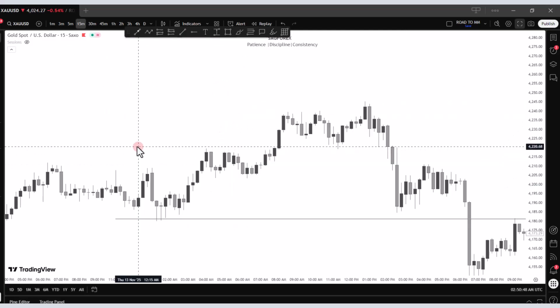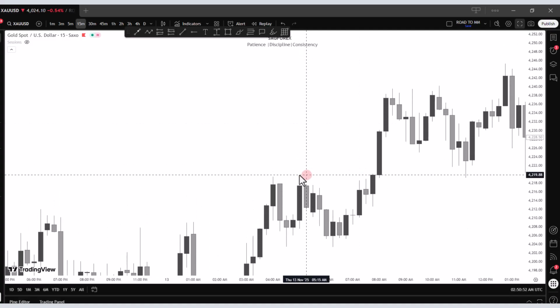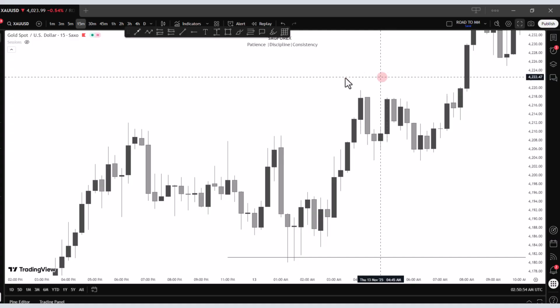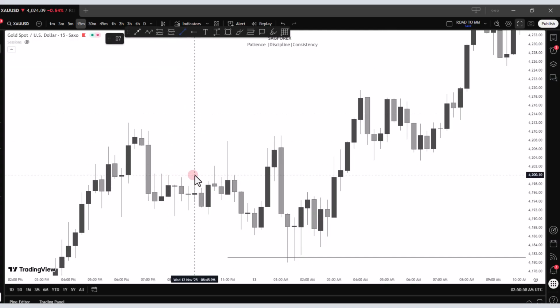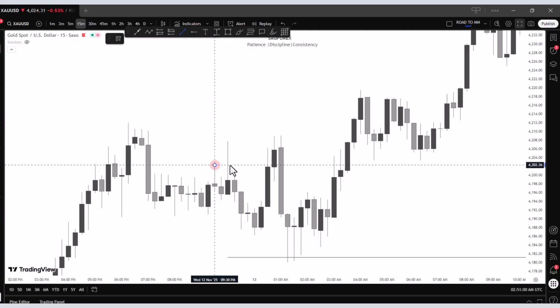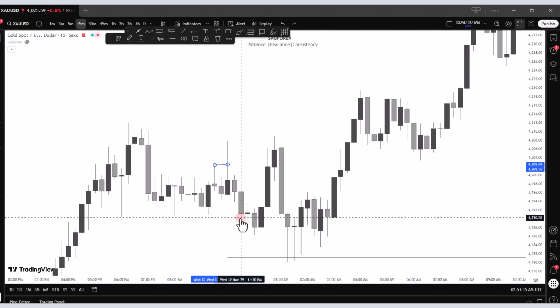All right, I want to show you something quick based on what we just explained: a valid break of structure and an invalid break of structure. If you look at what is happening over here, you will see price broke above the price of this candlestick. It pushed above, but can we call this a break of structure? Absolutely not.